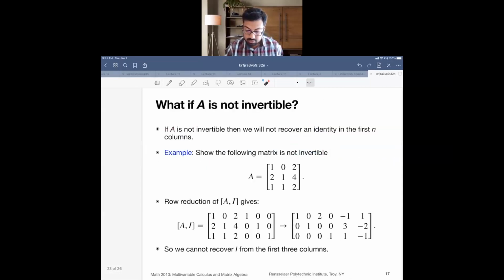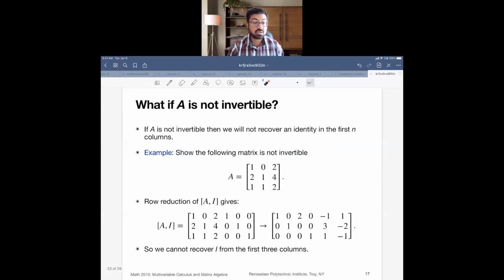All right. Let us answer another related question. What if A is not invertible, which implies that the determinant of A is equal to 0, right? So if A is not invertible, then we will not be able to recover an identity matrix in the first n columns, which implies that A is not row equivalent to identity.